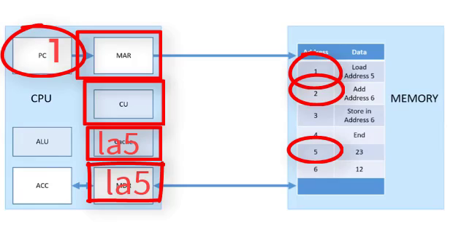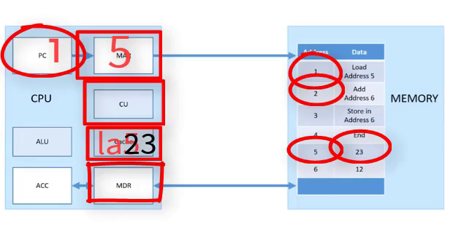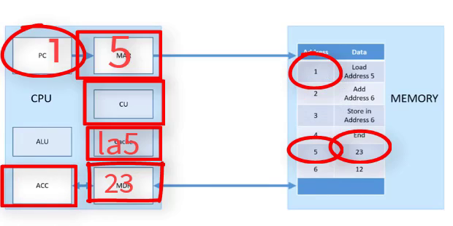So the MAR is going to change its value to 5, and we're going to fetch what's in address 5, which is 23, down into the MDR. So the MDR would now contain 23, and we'll put a copy into the cache. Then our value 23 can now be passed into the accumulator. So that's one instruction that has been fetched and executed.